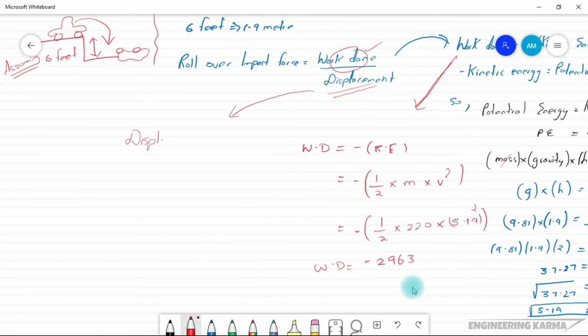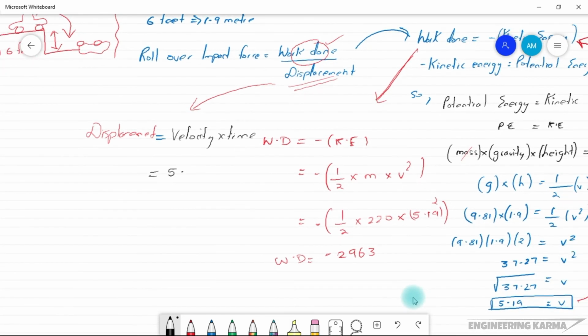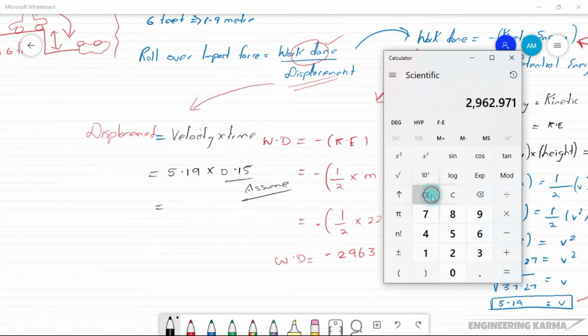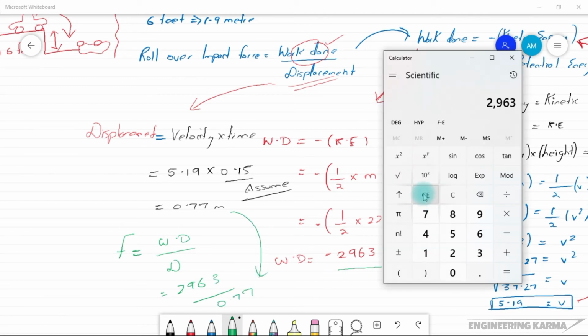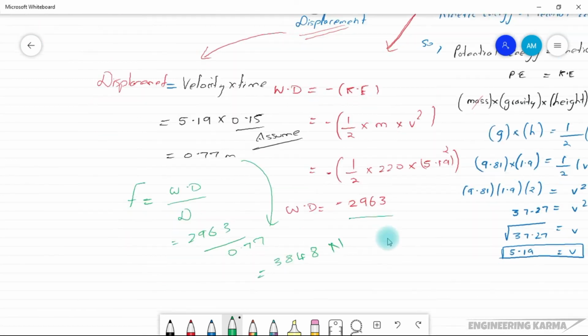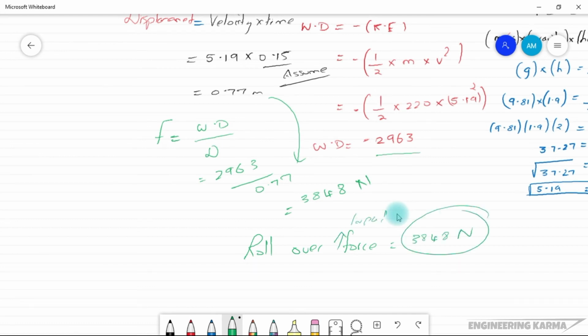Now, let us find displacement. By dividing the obtained work done by displacement, we can find force. Do you know where the negative went and why? Comment.